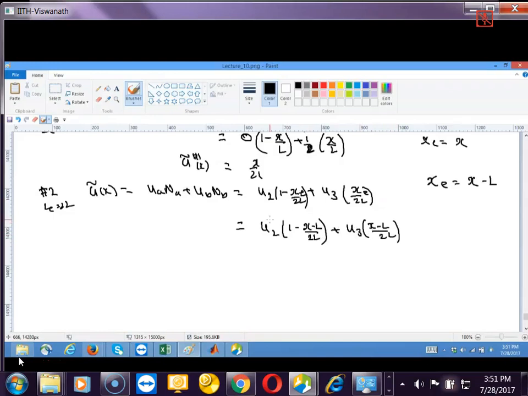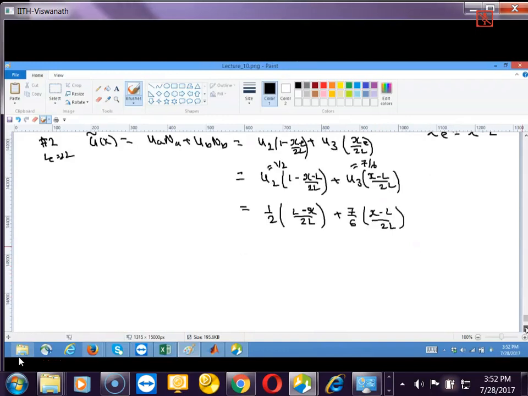But my U_2 is equal to 1 half, U_3 is equal to 7 by 6, so 1 by 2 times (2L minus L, so L minus x) by 2L plus 7 by 6 times (x minus L) by 2L. You can simplify it further.